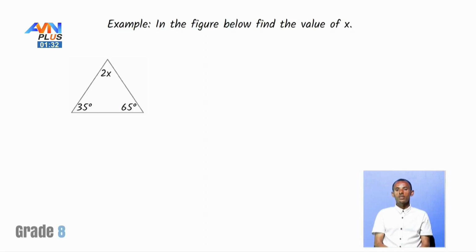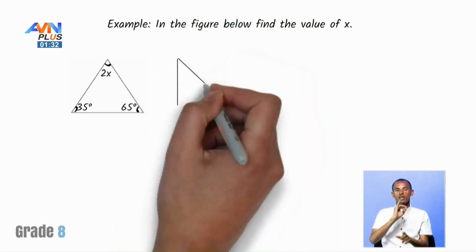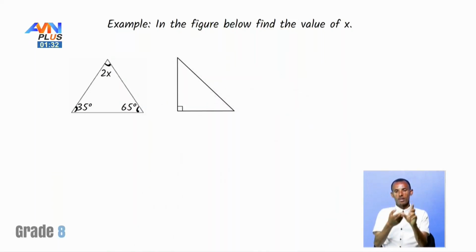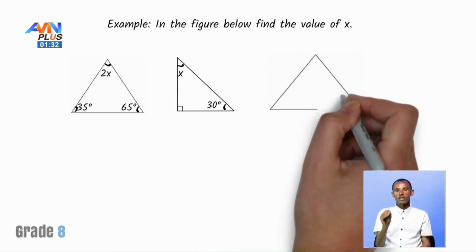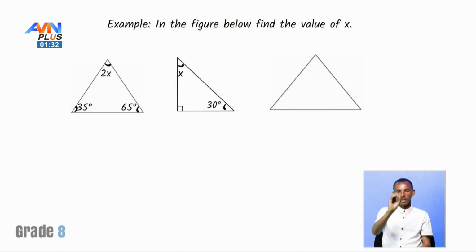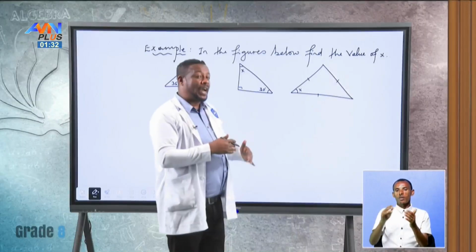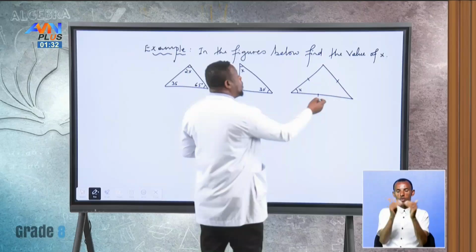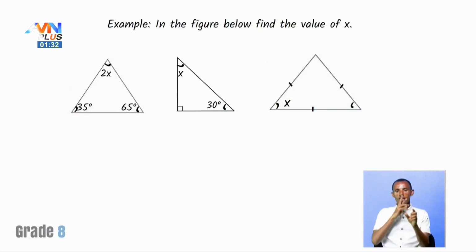The other triangle is a right triangle. Here, its degree is 30 degrees. We don't know this angle. Say this is x. The third one is an equilateral triangle with x degrees. Equilateral means all the sides are congruent and all the angles are congruent.